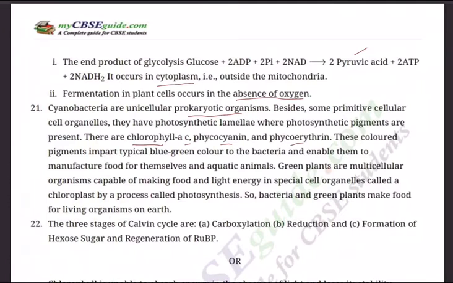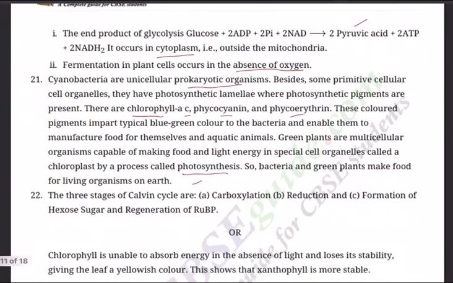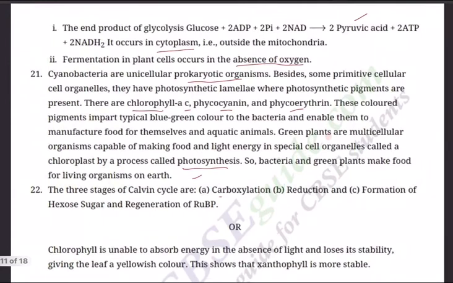They are chlorophyll a, chlorophyll c, phycocyanin, phycoerythrin, etc. These colored pigments impart the typical blue-green color to the bacteria and enable them to manufacture food for themselves and aquatic animals. Green plants are multicellular organisms capable of making food using light energy in special cell organelles called chloroplasts by a process called photosynthesis. So, bacteria and green plants make food for living organisms on Earth.